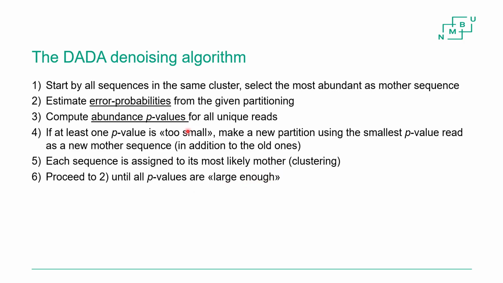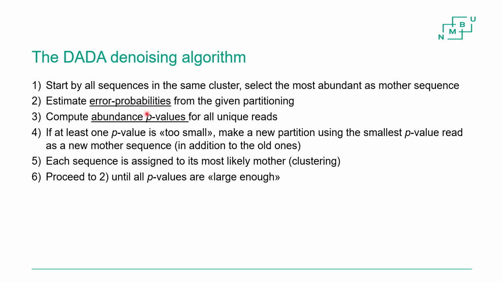So you create new mothers, and each mother is a new OTU, right? Until you have so many mothers that all the other reads will be included in one of the groups with a p-value which is large enough.